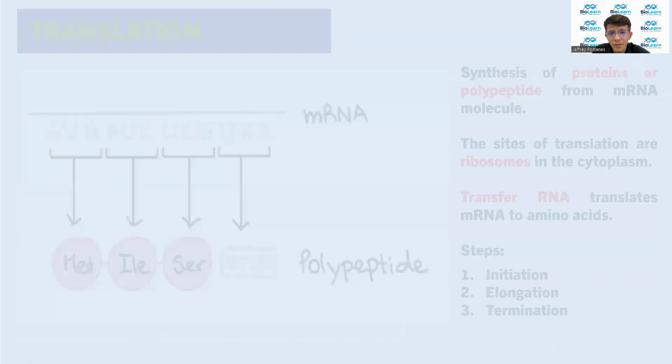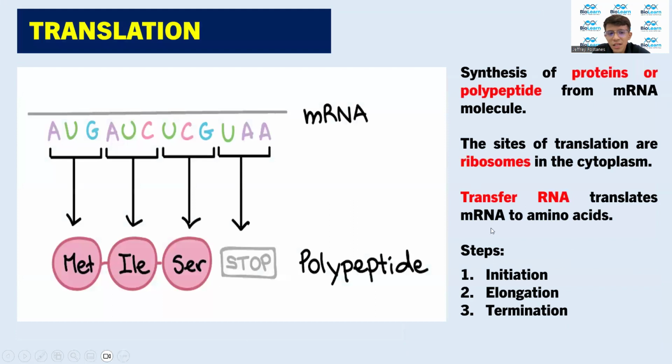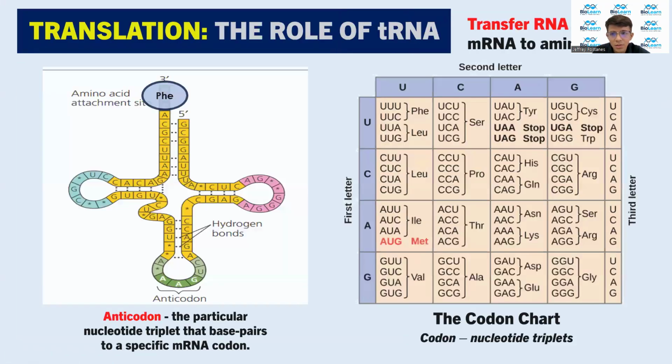In the process of translation, we simply translate mRNA to protein. And we also have 3 steps: initiation, elongation, and termination. In the process of translation, please take note that the transfer RNA translates mRNA to amino acids.